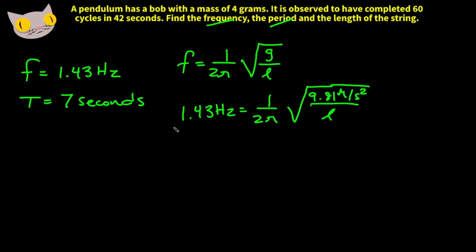So we just did this, but we can run through it again. Let's go ahead and multiply both sides by 2 pi, and we can square both sides to get rid of the radical.